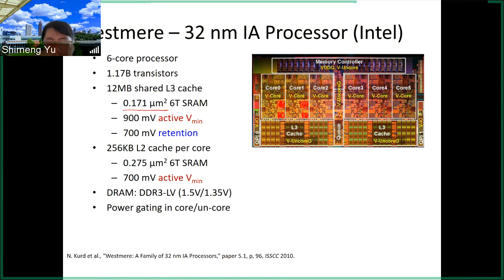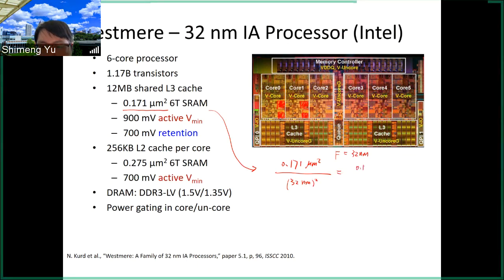This is for one cell. And actually you can normalize that to F squared as we discussed earlier. So one cell is 0.171 micrometer squared. Here F is 32 nanometers, so F squared is 32 nanometers squared.